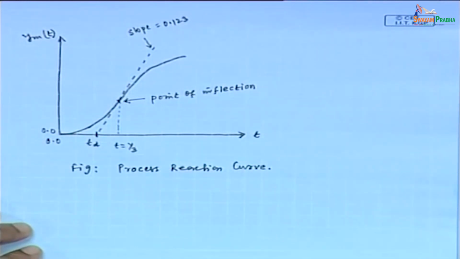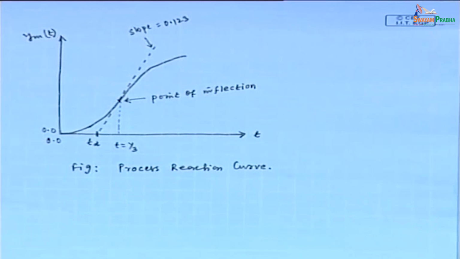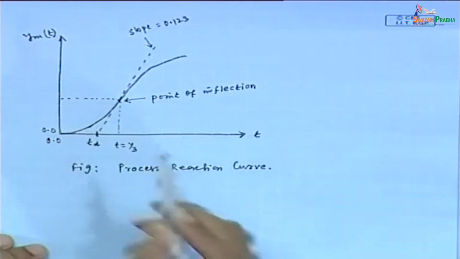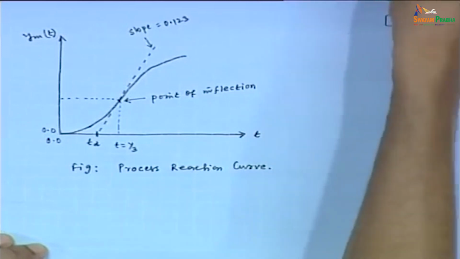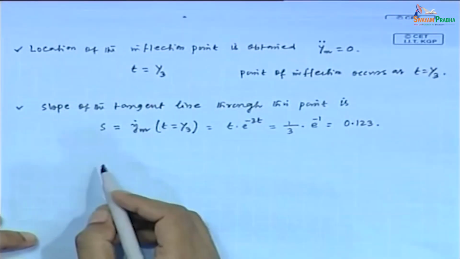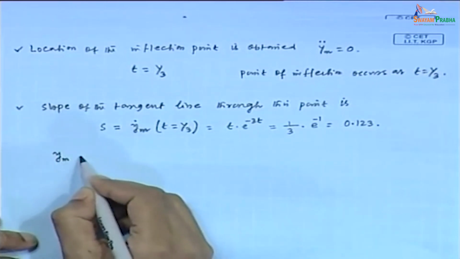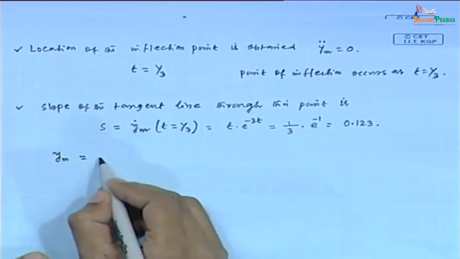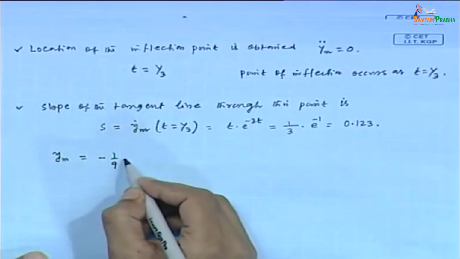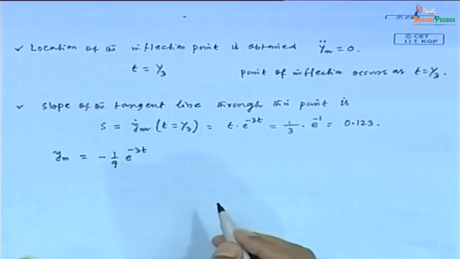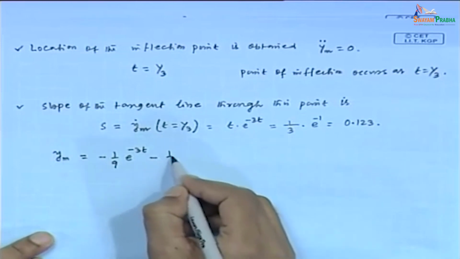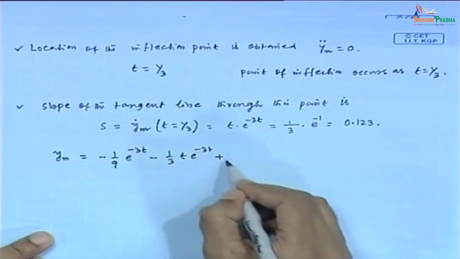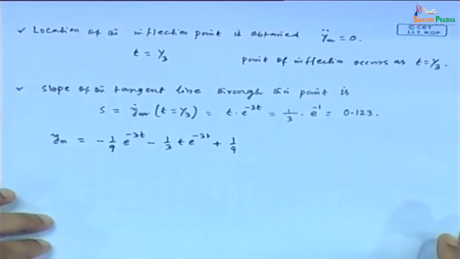Can you find the corresponding Ym value at t equals 1/3? We have the expression for Ym, that is minus 1 by 9 exponential minus 3t minus 1/3 t exponential minus 3t plus 1 by 9.